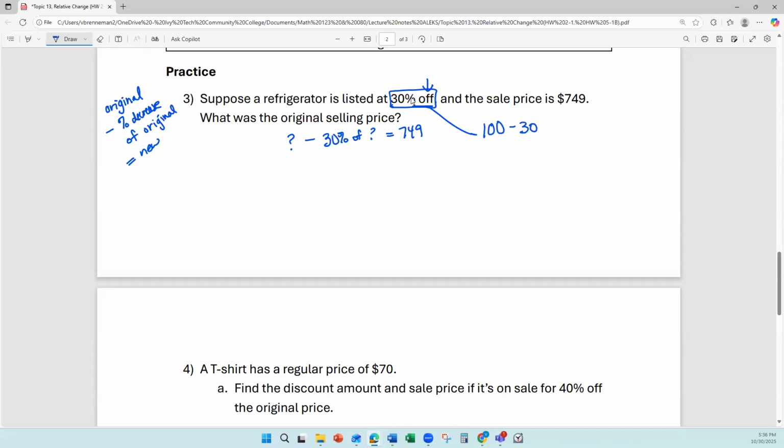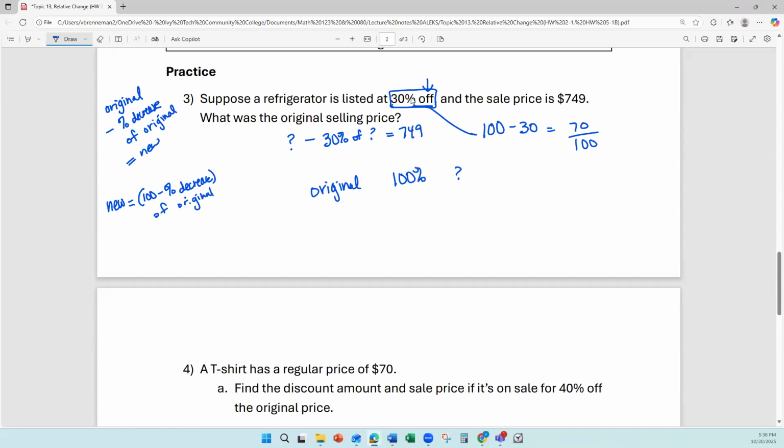So the new price is 100 minus a percent decrease of the original. 100 minus 30 is 70%. So we can look at it as we have the original price is 100%.